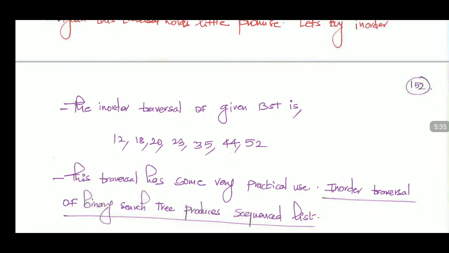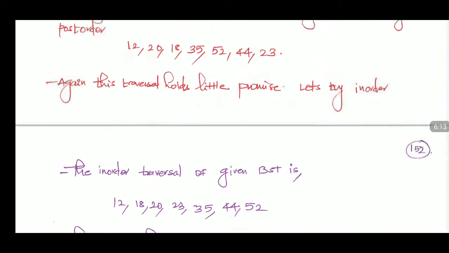If you look at this carefully, whatever we got in the second visit, this second visit recording is generally called in-order traversal. And if you look carefully, we identify that this is in ascending order. This is a sorted list. Meaning in-order traversal of a binary search tree leads to a sorted sequence.